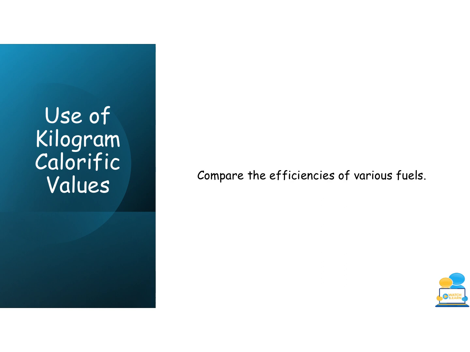The final thing to note about kilogram calorific values is when you have a substance that has a variable composition. So for example, something like petrol or coal or peat, the kilogram calorific values have to be measured by a bomb calorimeter. You can't use the method where you take their heat of combustion divided by the relative molecular mass and multiply it by 1,000. The reason why we can't use this method is because they're not pure substances.